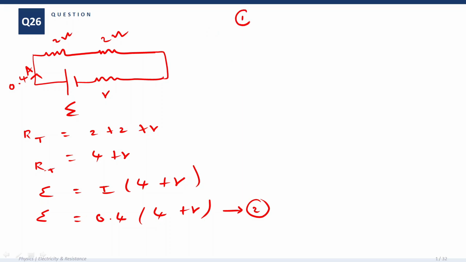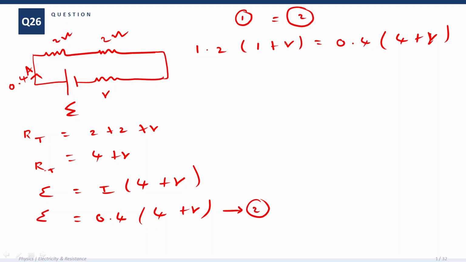Equation 1 equals equation 2. So equation 1, 1.2 of 1 plus R equals 0.4 of 4 plus R.